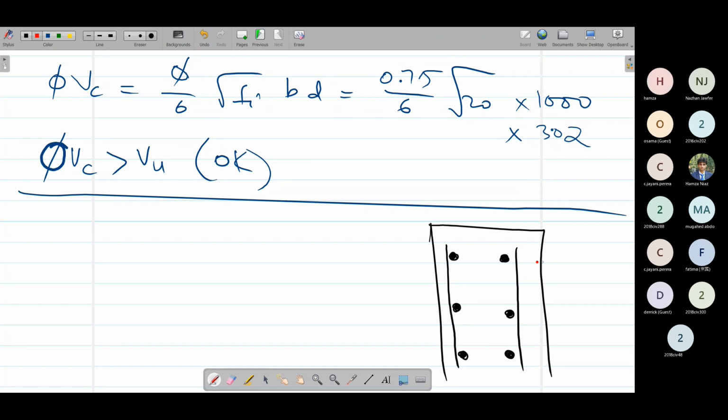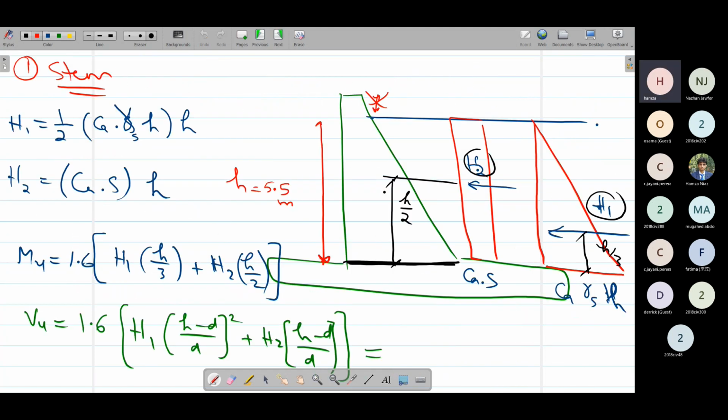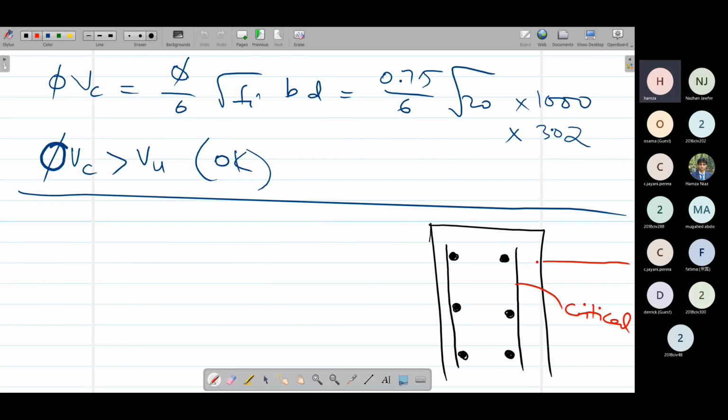Where the backfill is, this steel is critical. Only this vertical steel is critical. So we are going to design this critical steel against the Mu calculated before. We calculated Mu this way. We are going to design the vertical steel from this.